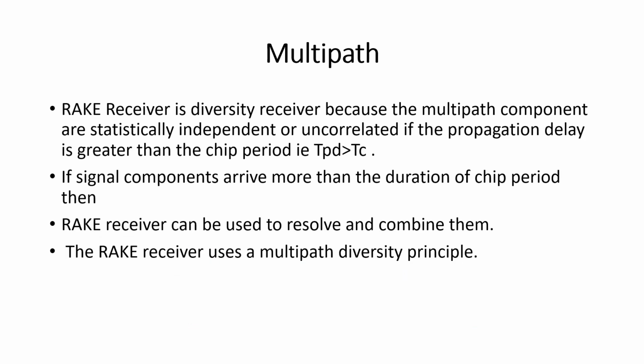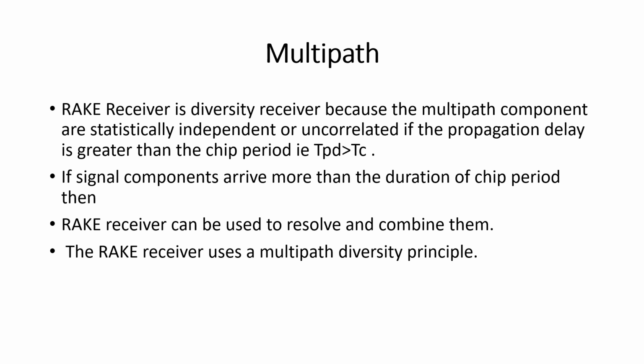Rake receiver is a diversity receiver because the multipath components are statistically independent or uncorrelated if the propagation delay is greater than the chip period. That is, the propagation delay T of PD, where PD is nothing but the propagation delay.